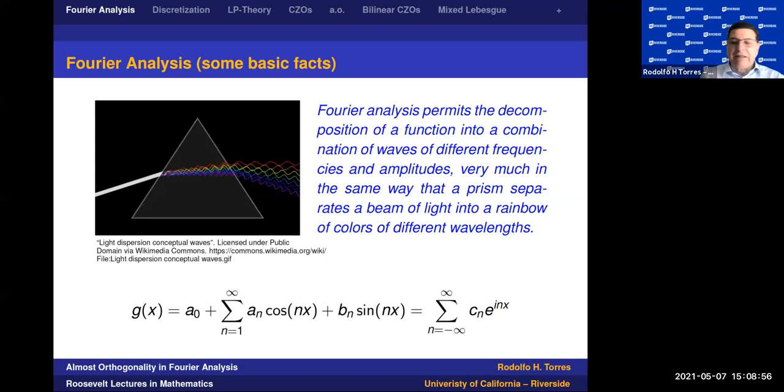Mathematically, I think probably all of you are familiar with Fourier series, which we write in terms of sine and cosine, or just for convenience, we use exponentials. It is essentially the same thing, just a convenient way to write it in terms of complex exponentials instead of sines and cosines, right? I won't discuss in what sense we are representing this function, but in a very general sense, we can represent a fairly large group of functions by their Fourier series.